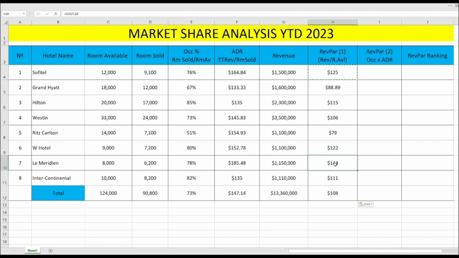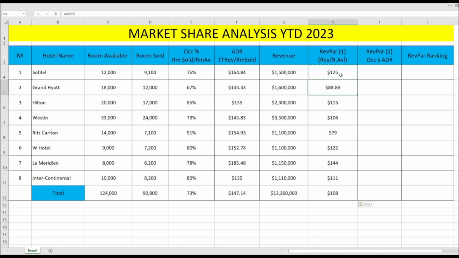It looked like Le Méridien having a good performance in terms of ADR and RevPAR, but for occupancy it's lower than Hilton. Hilton got 85% occupancy, but their RevPAR is only 115.